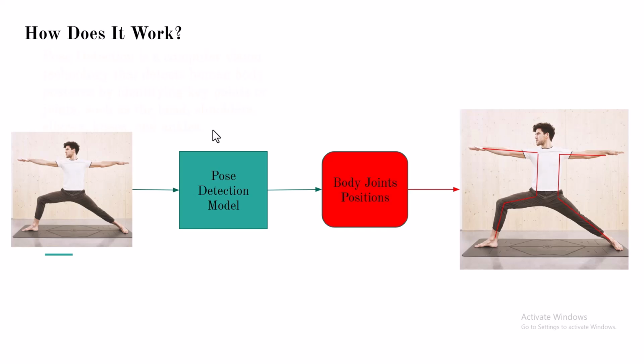Similarly, based upon these body joint positions, we can calculate the angles between different body parts. Like in the case of this particular pose, we can detect that the arms are completely stretched. Similarly, we can calculate the angles for legs as well. So based upon these things, we can detect the yoga pose the person is doing in that image. Like in this particular case, the user is doing the warrior pose of yoga.